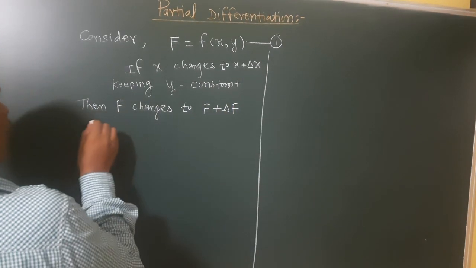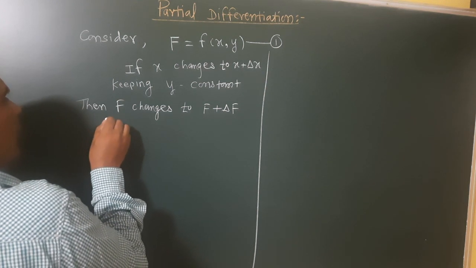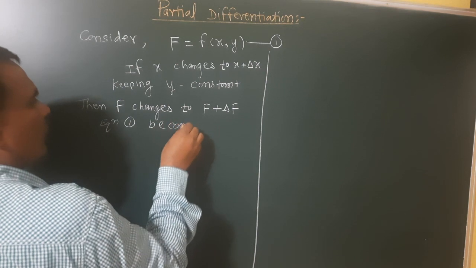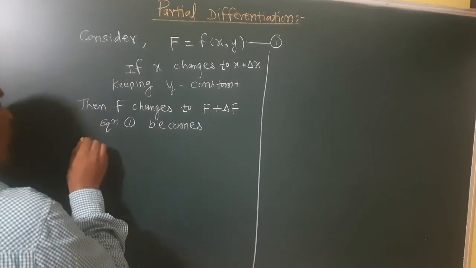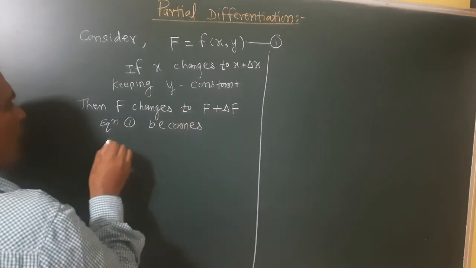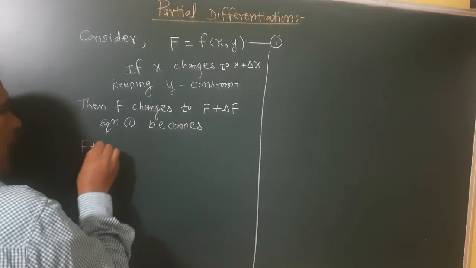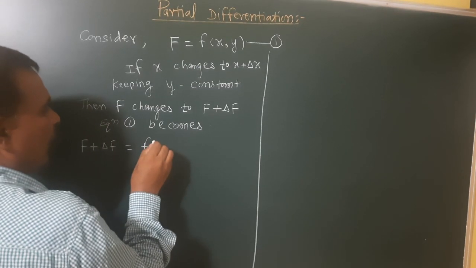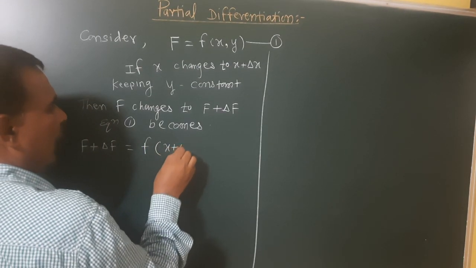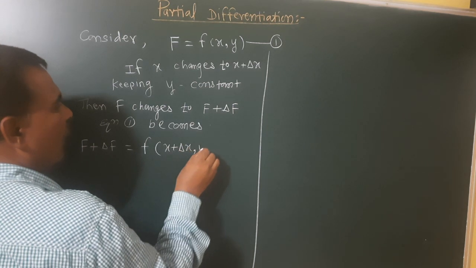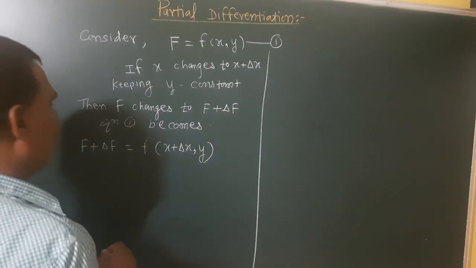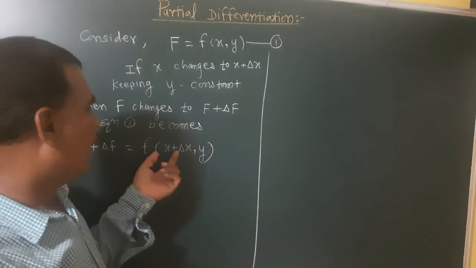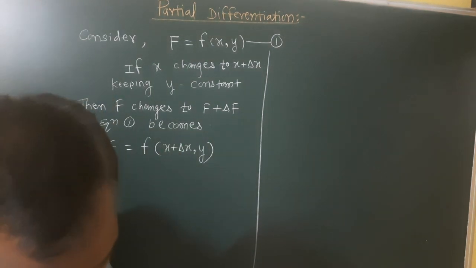Therefore, equation 1 becomes: f changes to f plus delta f, and f of x changes to f of x plus delta x comma y. So f plus delta f equals f of x plus delta x comma y.